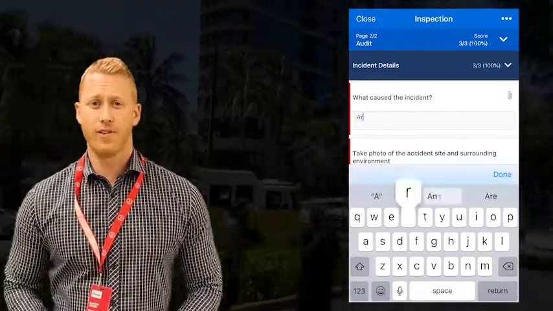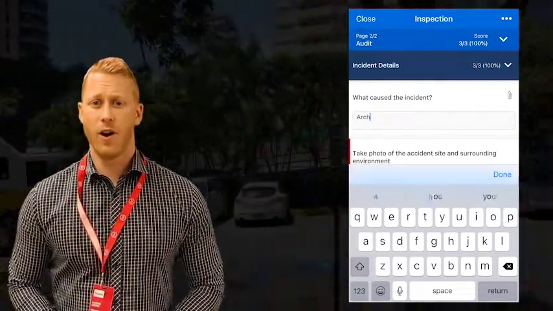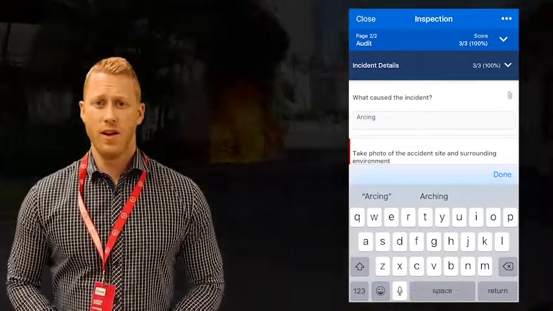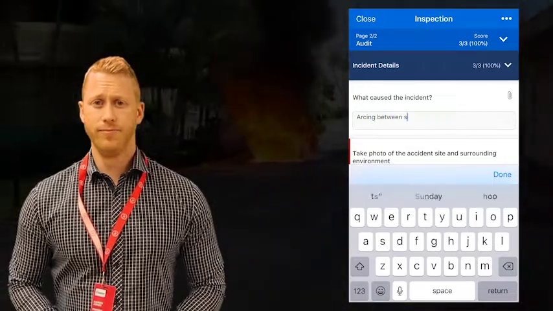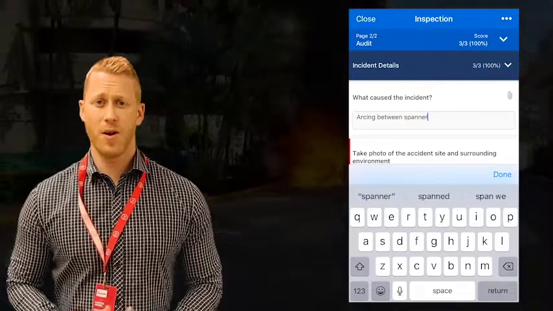Throughout the process of filling this form out, it'll ask you to put photos in with the incident at certain question steps. Some of these are mandatory and some aren't.